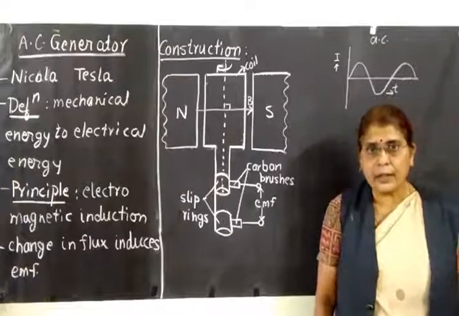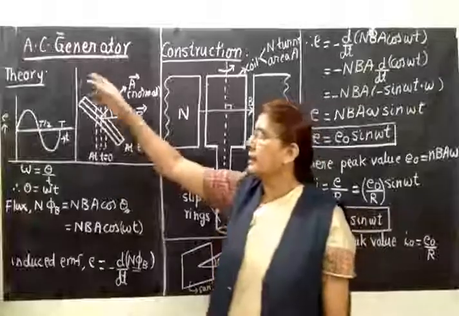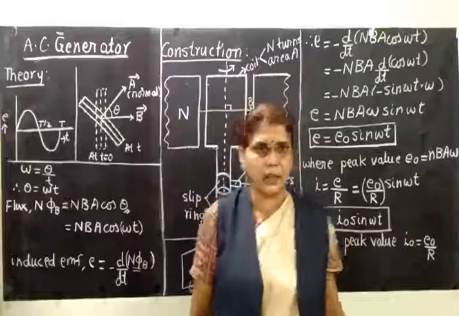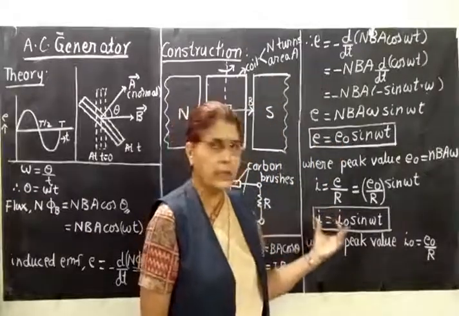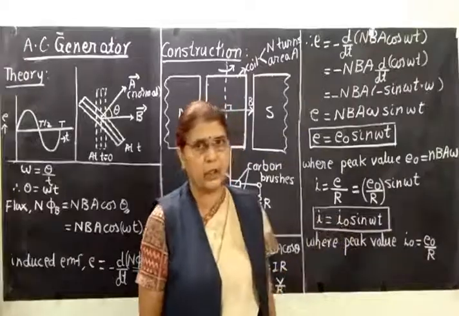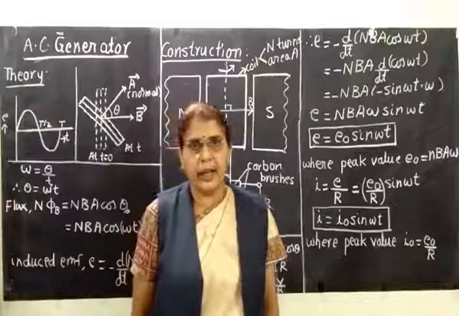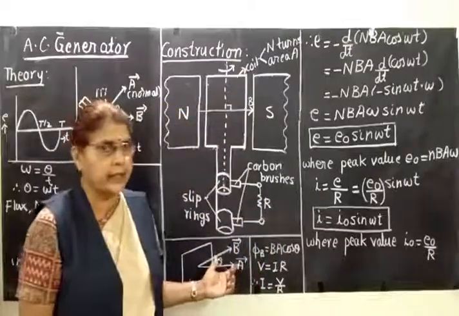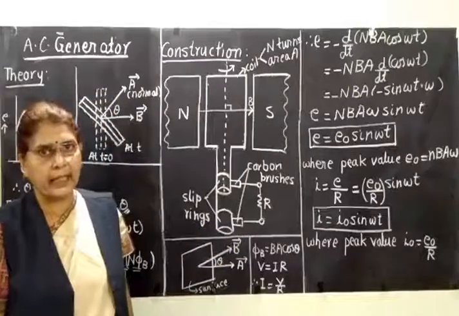Now we shall work out the theory of AC generator. In the theory of AC generator, today we shall be deriving expressions for EMF induced in the coil and also an expression for current induced in the coil. Before going to the actual derivation, let us recall the expression for flux linked with the surface, which we had done in the very first lecture of electromagnetic induction.